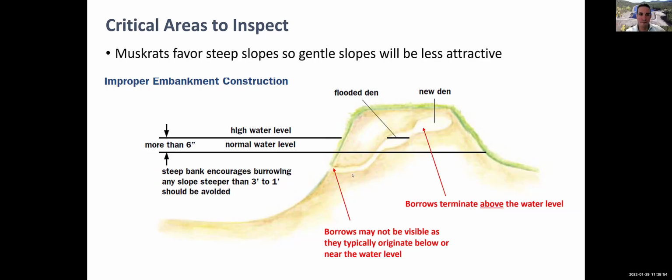Muskrats typically have a burrow that starts under the water level. In dams, our water levels are usually up and down, but they like to start under and then climb back up further above the water level for their dens.